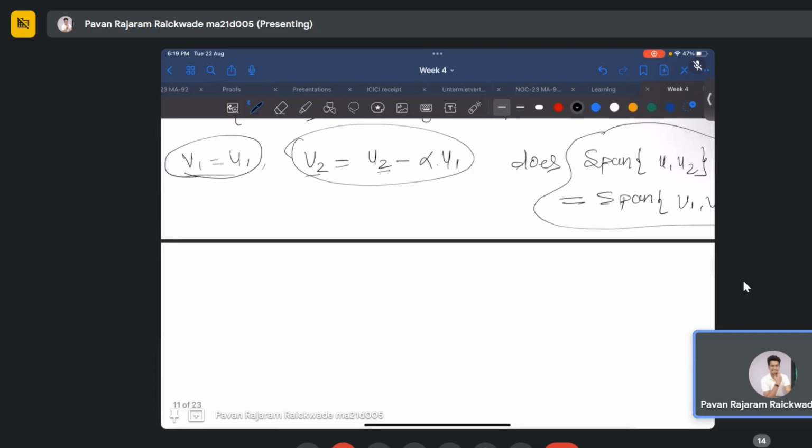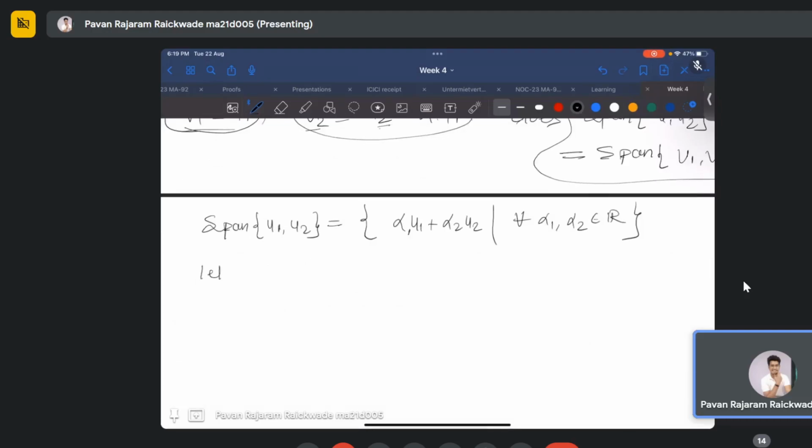How will I prove this? The span of U1, U2 is basically the linear combinations alpha 1 U1 plus alpha 2 U2 for all alpha 1, alpha 2 belonging to R. This is the span.